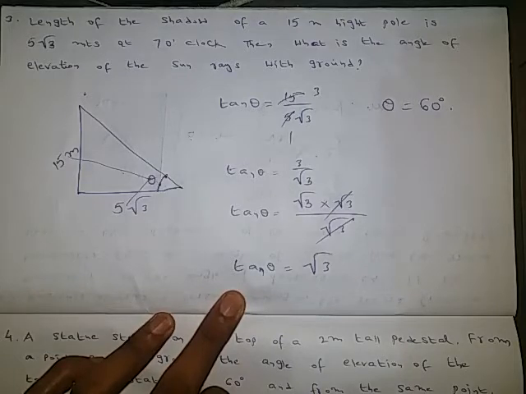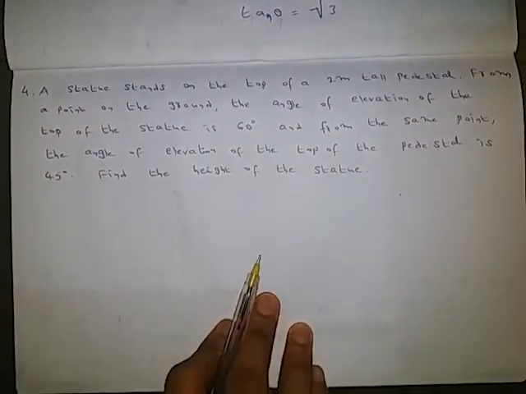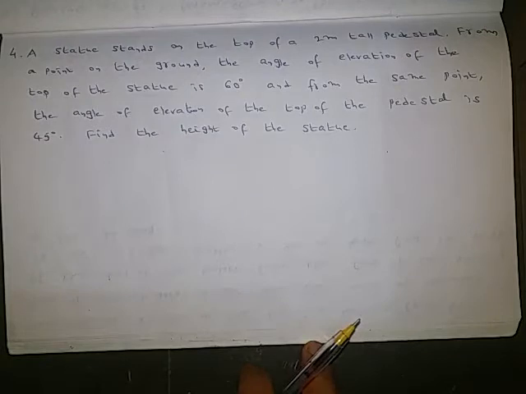So till now we completed one type of questions from the applications of trigonometry, that is only single figures. Now let us move to the next type of question. A statue stands on the top of a 2-meter tall pedestal.